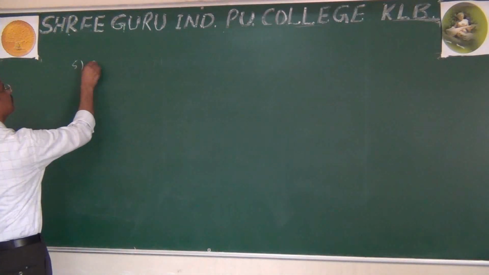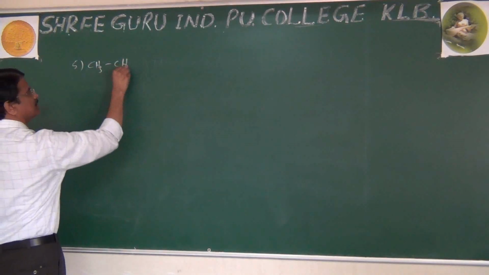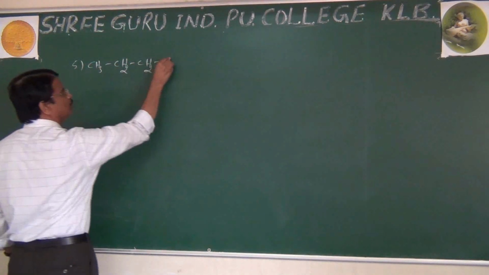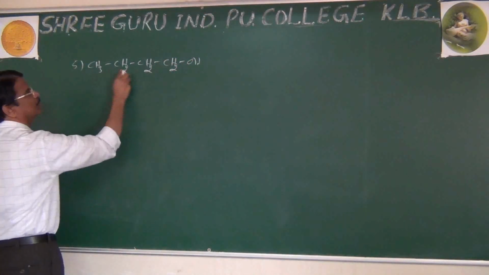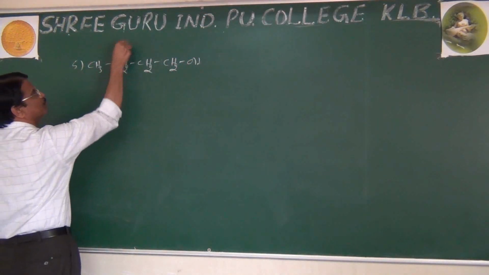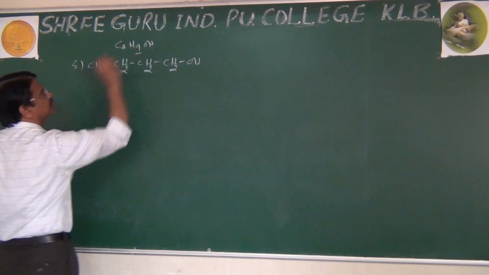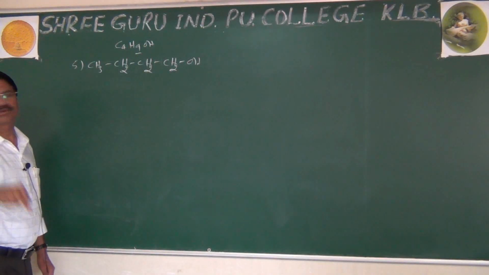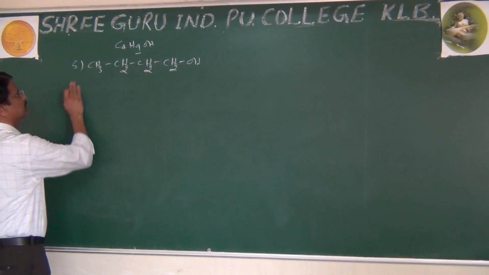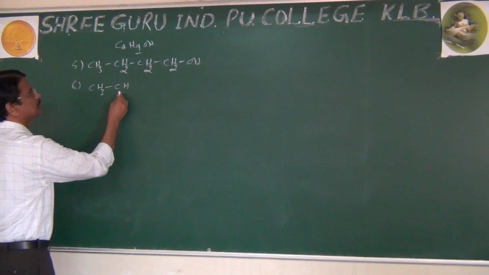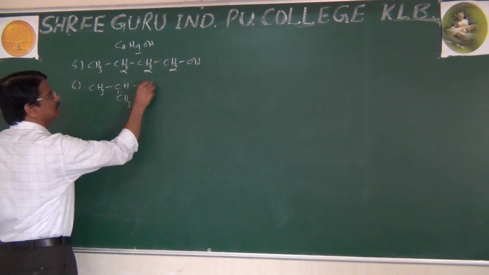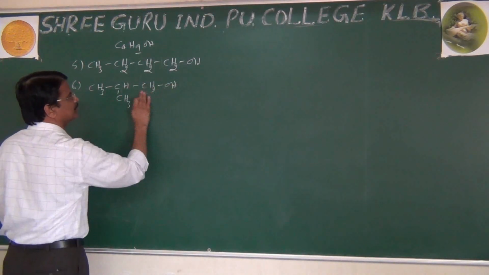Compound number 5, CH3, CH2, CH2, CH2OH, 1, 2, 3, 4, C4H9OH. Butyl alcohol can exhibit 4 isomers: CH3, CH2OH.